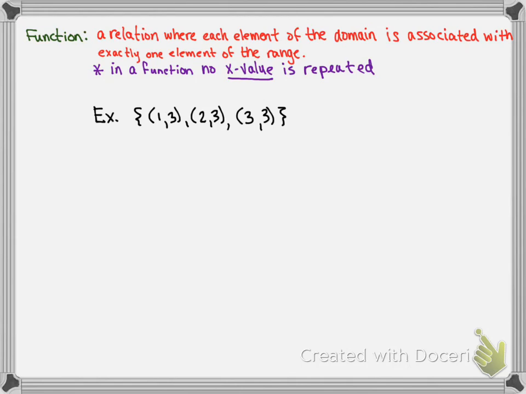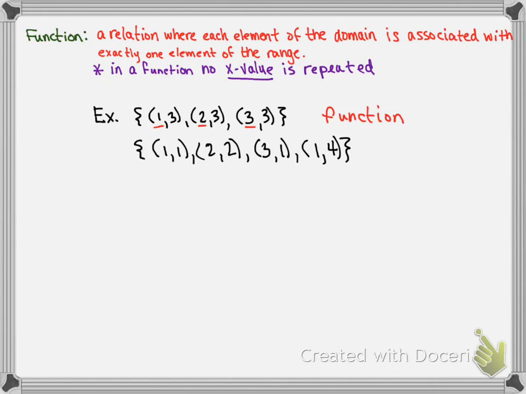For example, here we see a relation as a set of ordered pairs. We have the relation with the ordered pairs (1, 3), (2, 3), (3, 3). So if we look at the x values, we have 1, 2, and 3. None of them are repeated, so this is a function. Let's look at another relation. Here we have one with the ordered pairs (1, 1), (2, 2), (3, 1), (1, 4).